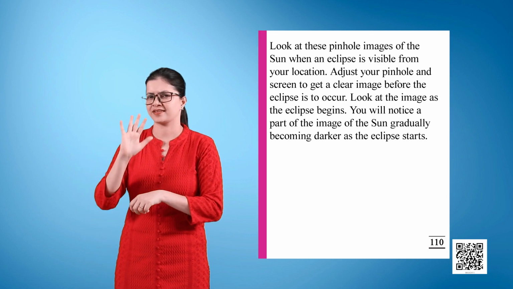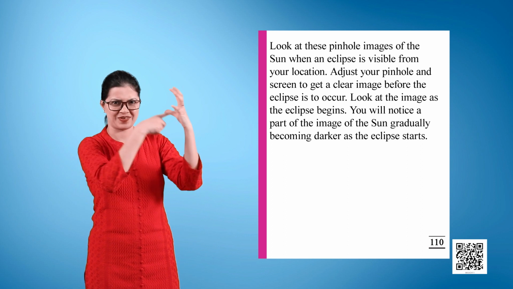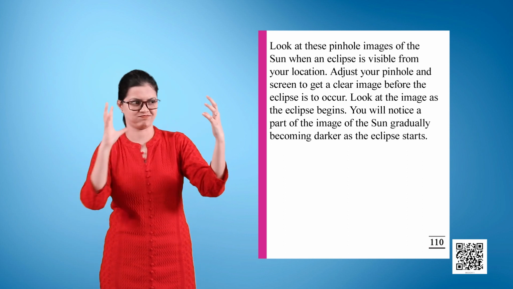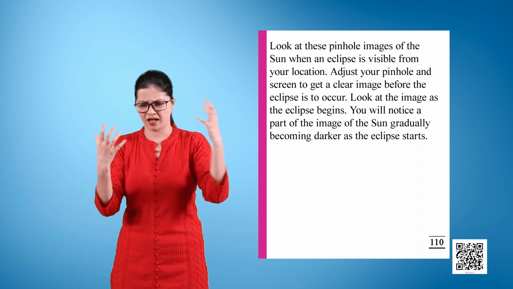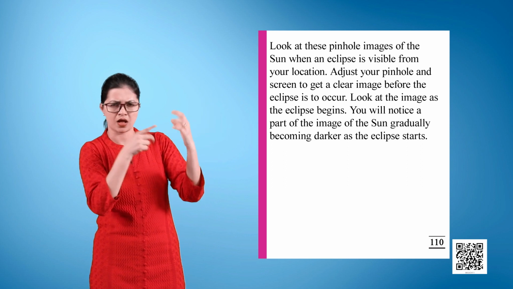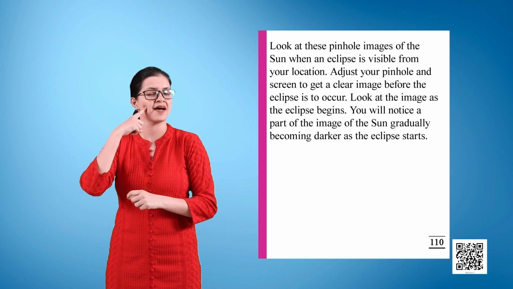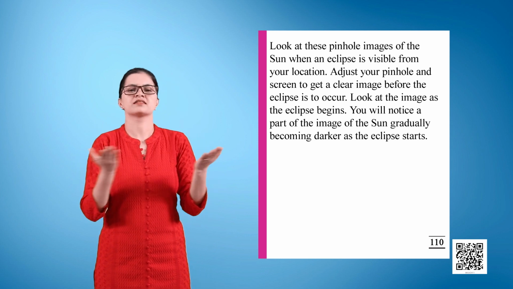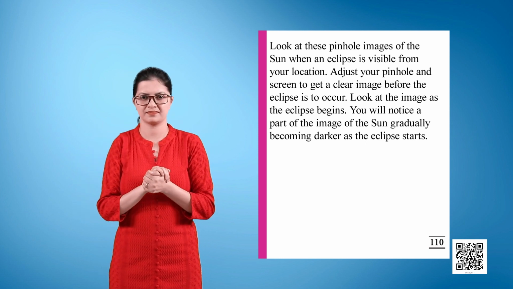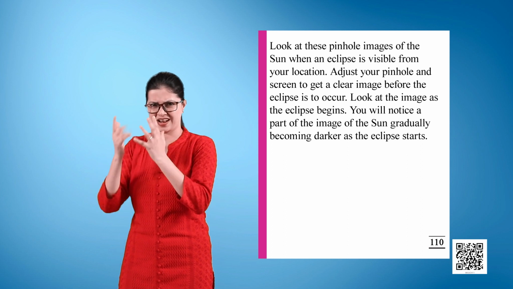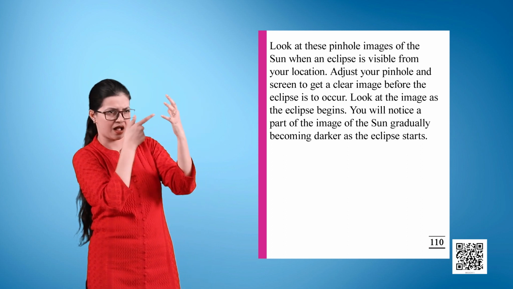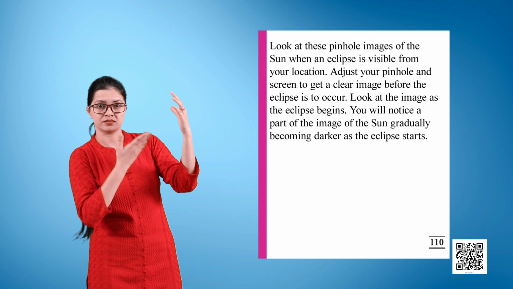Look at these pinhole images of the sun when an eclipse is visible from your location. Adjust your pinhole and screen to get a clear image before the eclipse is to occur.